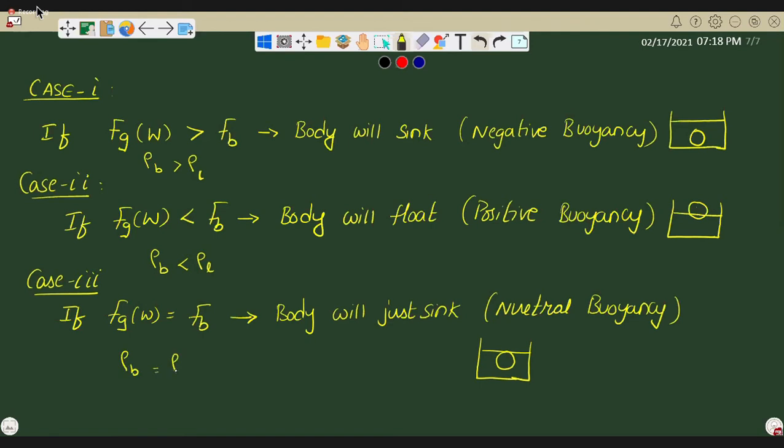Here, the density of the body is equal to the density of the liquid. Understand? Have you taken it down?